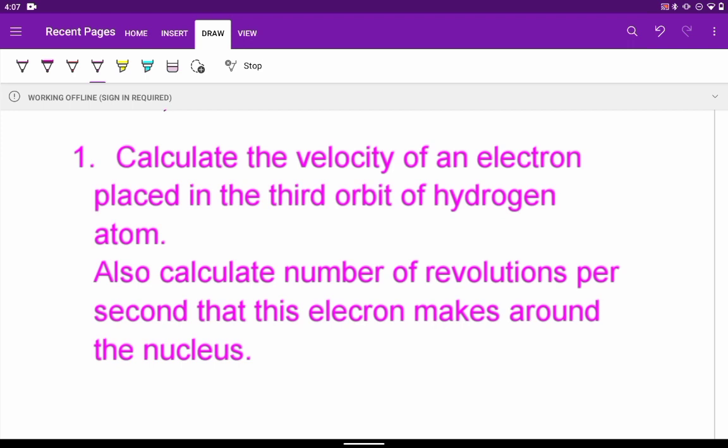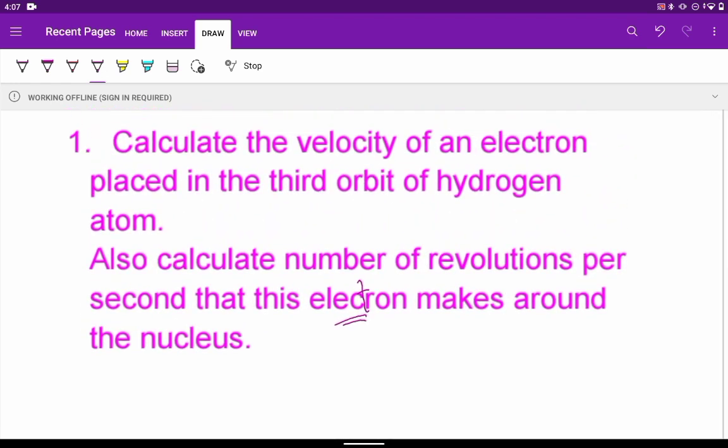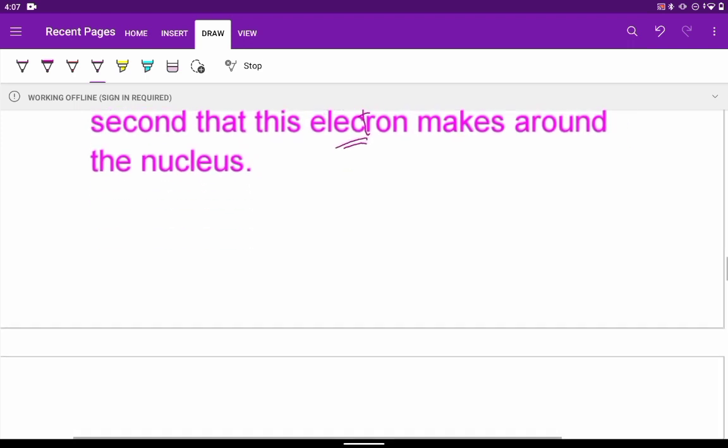Also calculate the number of revolutions per second that this electron makes around the nucleus. Now see, first you have to calculate velocity. Where is it present? Third orbit of hydrogen atom.